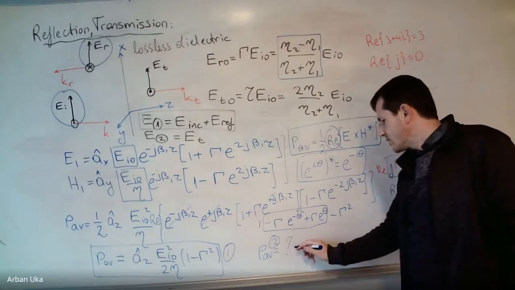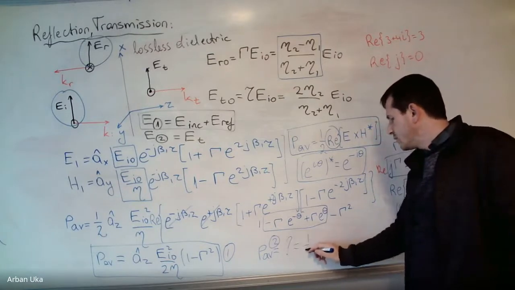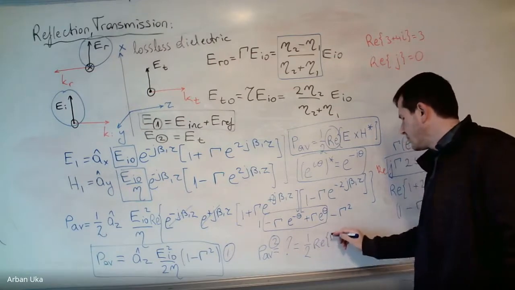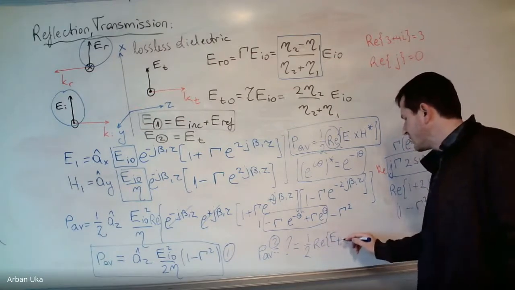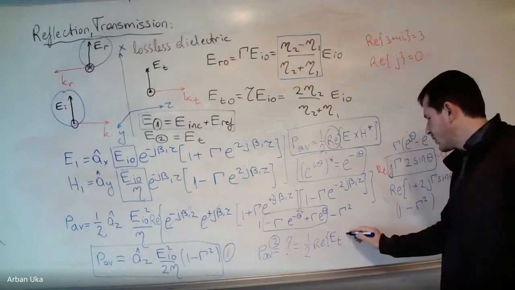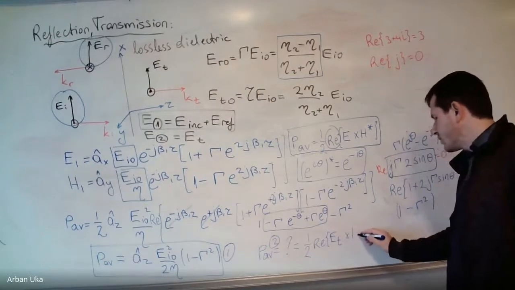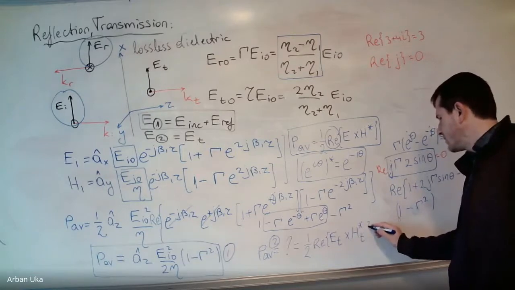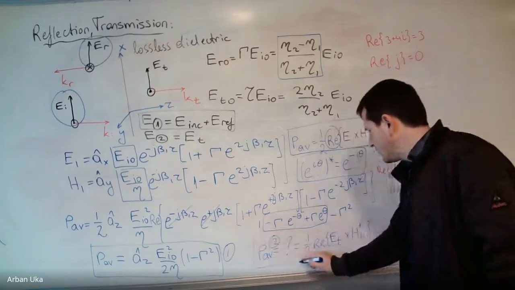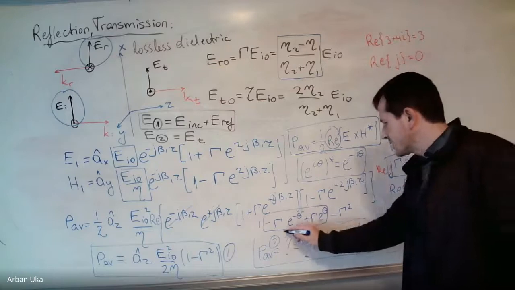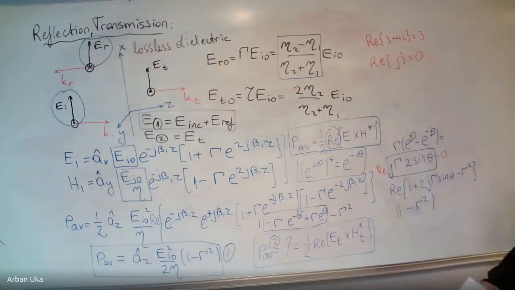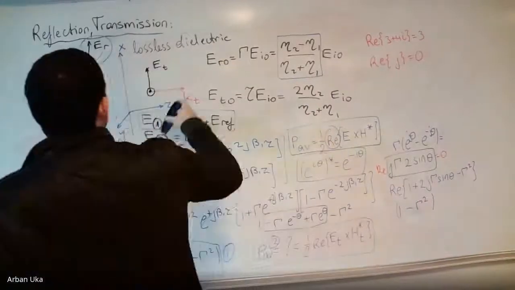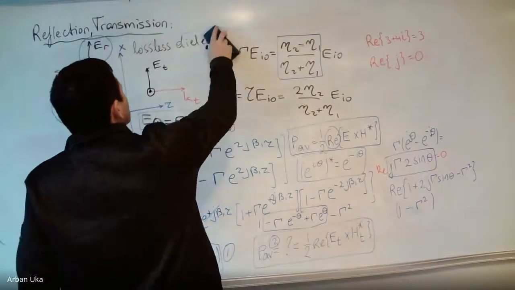So this is a good question, and this again would be equal to 1 over 2 times the real part of the transmitted electric field vector cross product with the complex conjugate of the magnetic field intensity. It's going to be a term that looks like this. Now, this is something which we covered last time. Let's remove this.